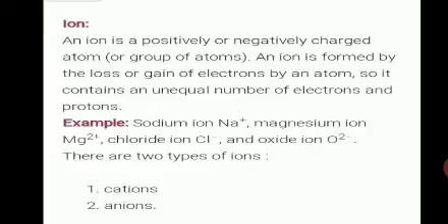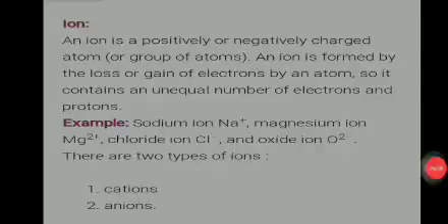When there is a loss or gain of electrons, ions are formed. These ions can be positively or negatively charged. So these ions are of two types: cations or anions.